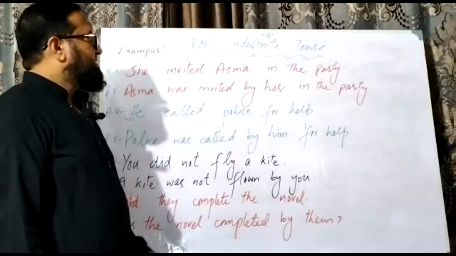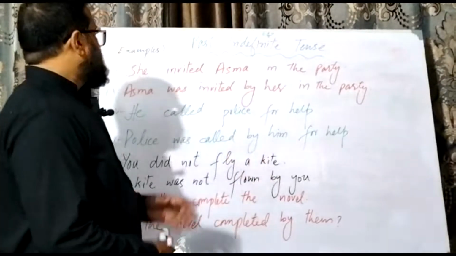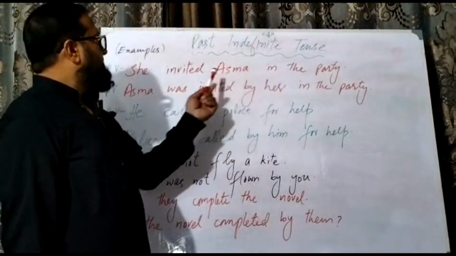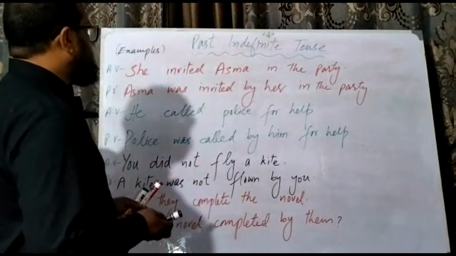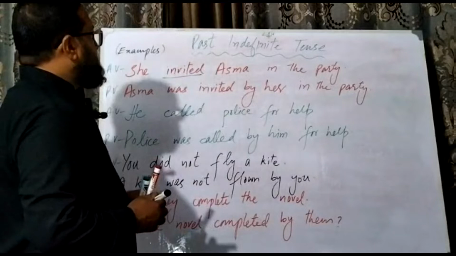So now students, let's see examples of past indefinite tense in passive voice. The first active voice sentence is: she invited Asma in the party. It is the active voice of past indefinite tense. Invited is the second form of verb.